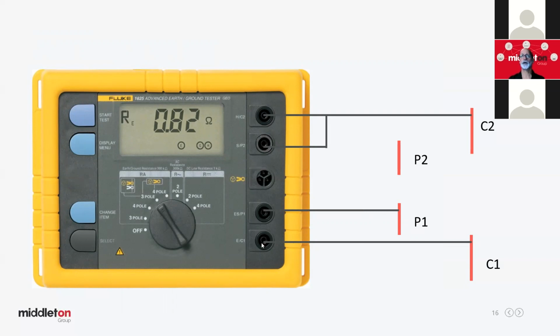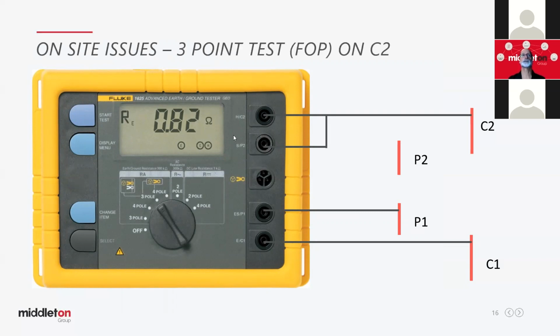But you can also, if these spikes are out 100 metres, from your most soil res kits, you can do a 3-point test or a forward potential test, they call it. There it is. I managed to get it up on screen. And you quite simply disconnect, in this case, if you want to measure the resistance of C2, effectively you're looking at it as a single source grid, point grid.